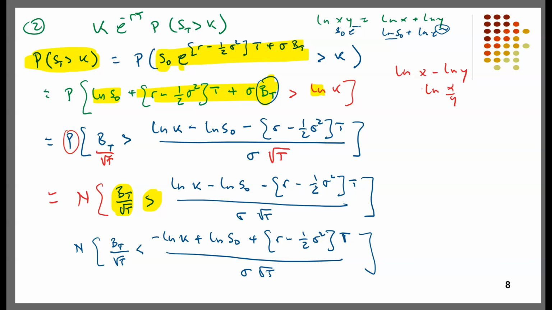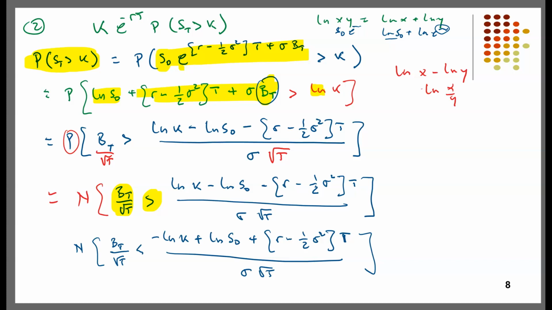Everything else is constant, known, and can be calculated. The only random variable is Bt, and we want the probability that the random variable is above the threshold. So the shock, the random movement, is large enough that the option expires in the money, or the stock price is greater than the strike price.